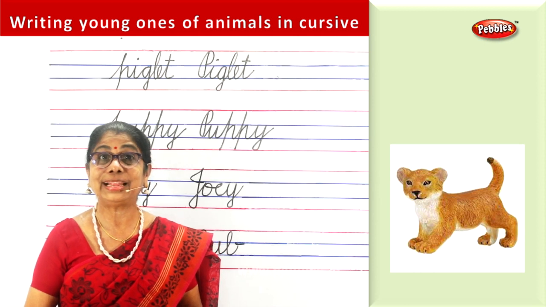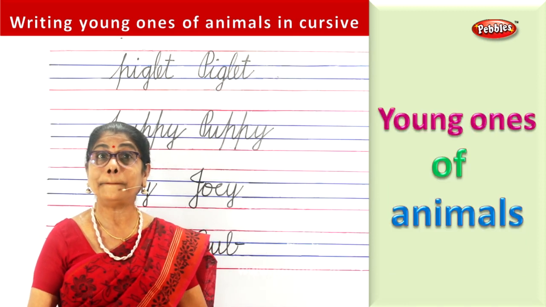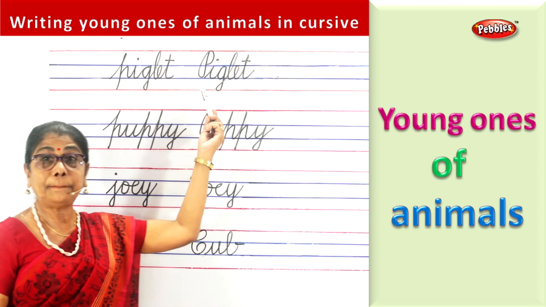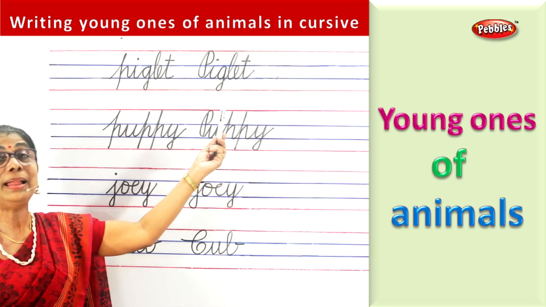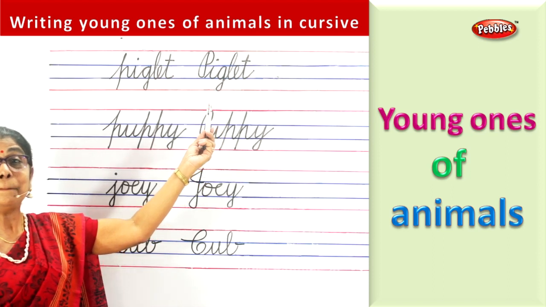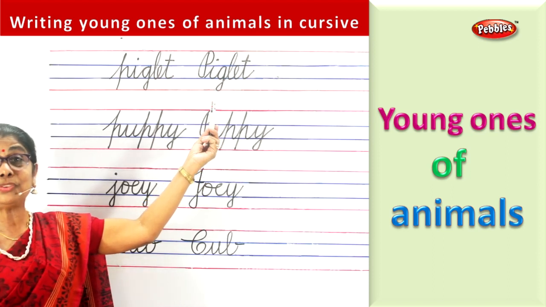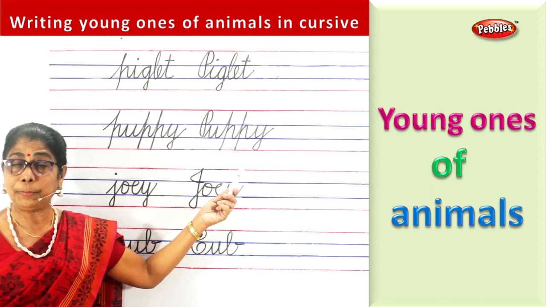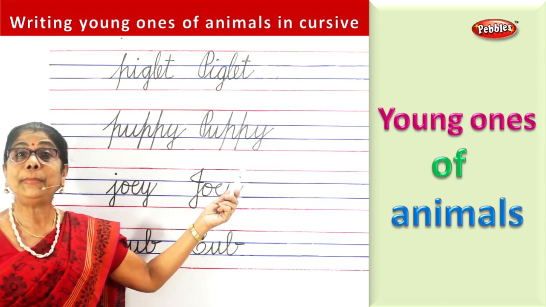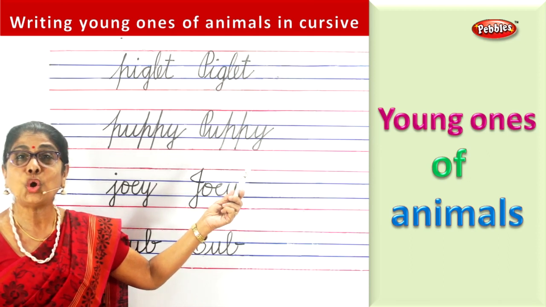Now, look at the four babies here. Piglet. P-I-G-L-E-T. Piglet is the baby pig. Mama pig's baby is called piglet. Puppy. P-U-P-P-Y. Puppy. The baby of a dog.